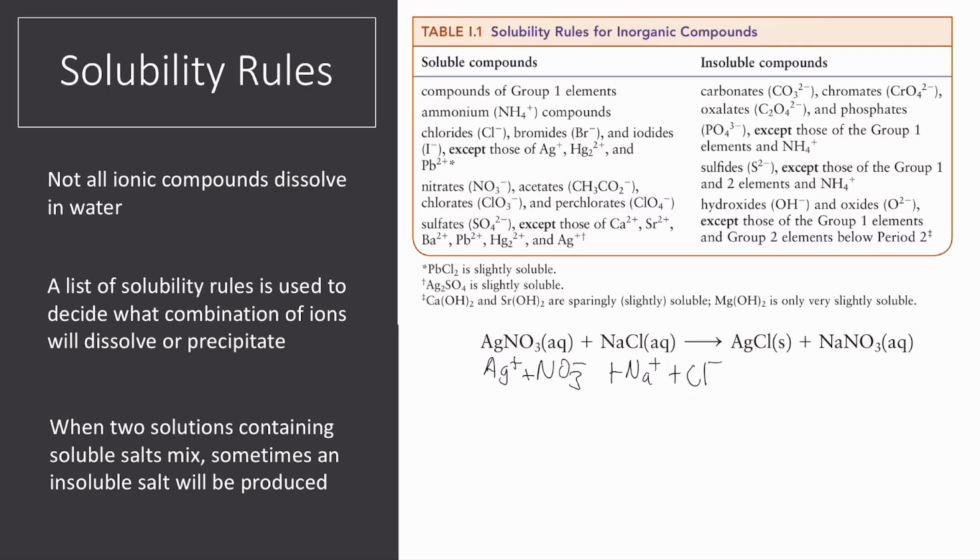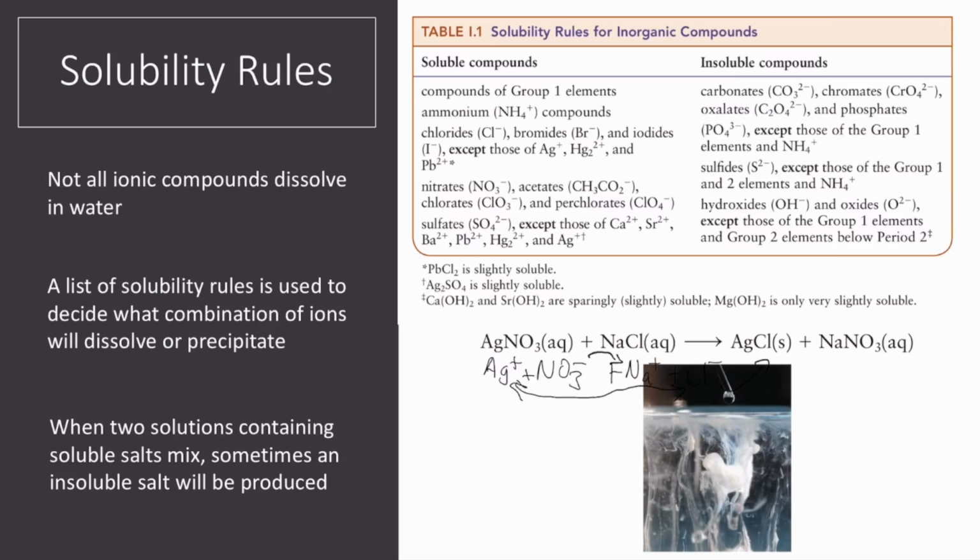And we see that silver and chloride are the ones that form the precipitate. So we crisscross the cations and the anions. And the sodium and nitrate ions are the ones that remain in solution.